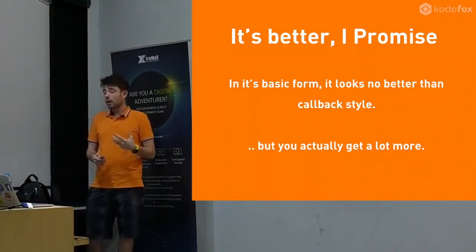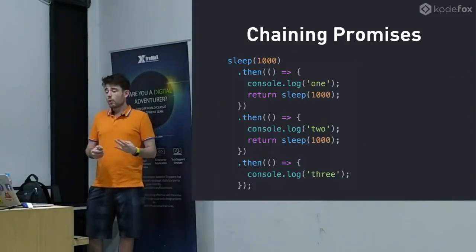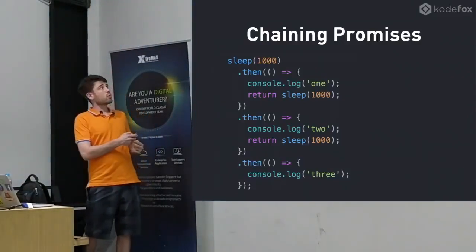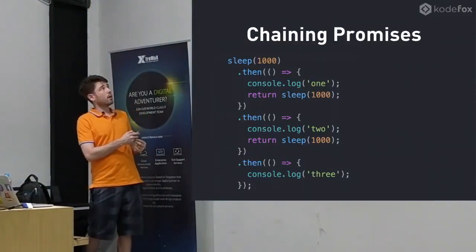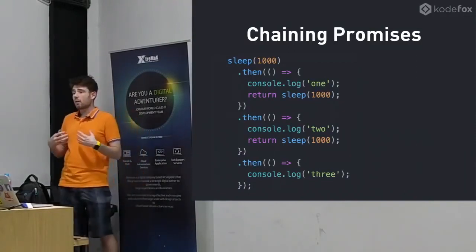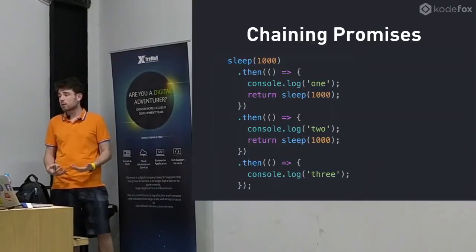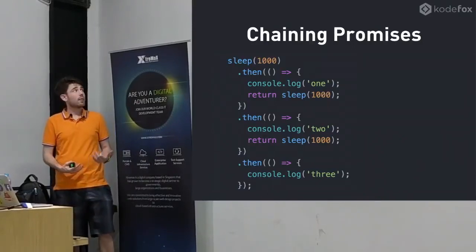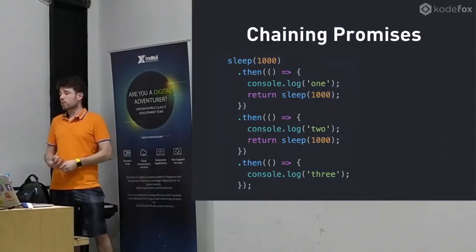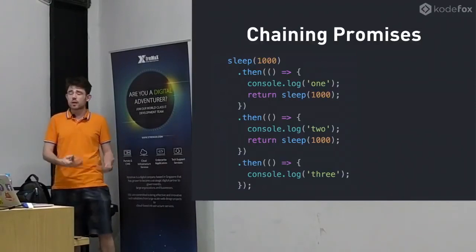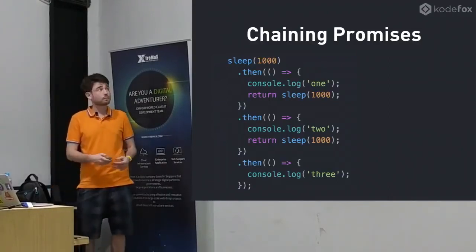And so I'll give you an example. This is a very simple function that uses setTimeout, and it just waits for 1,000 milliseconds, 1 second, and then it fulfills the promise, right? So it's the same idea as a setTimeout, but in promise world.